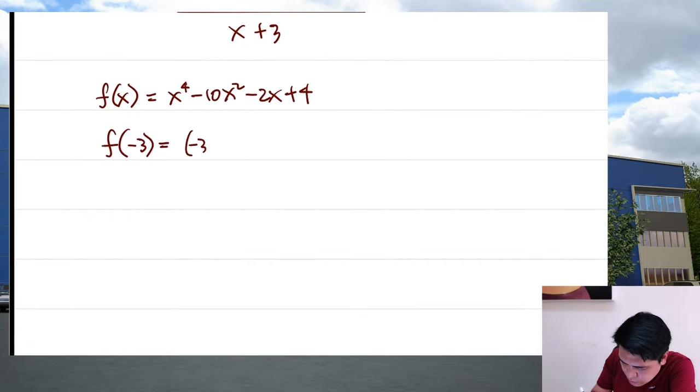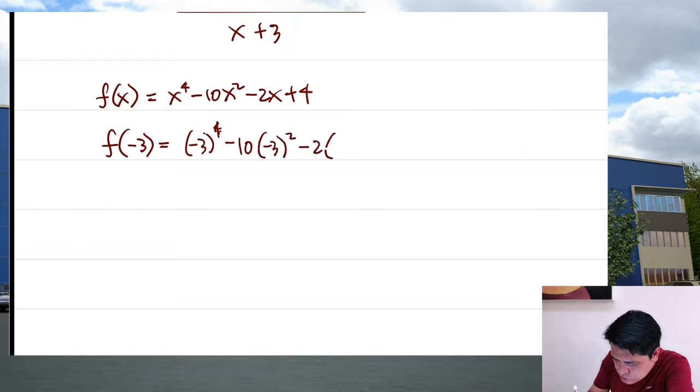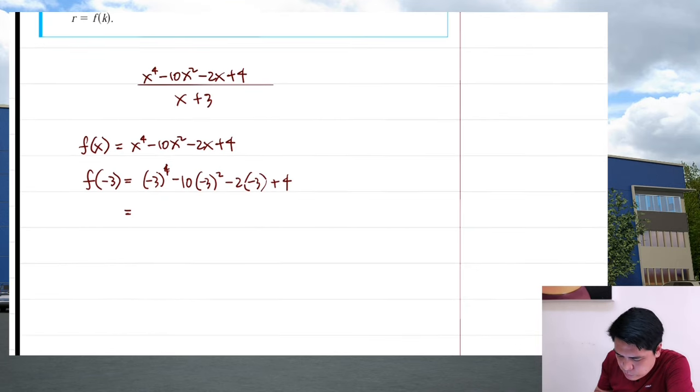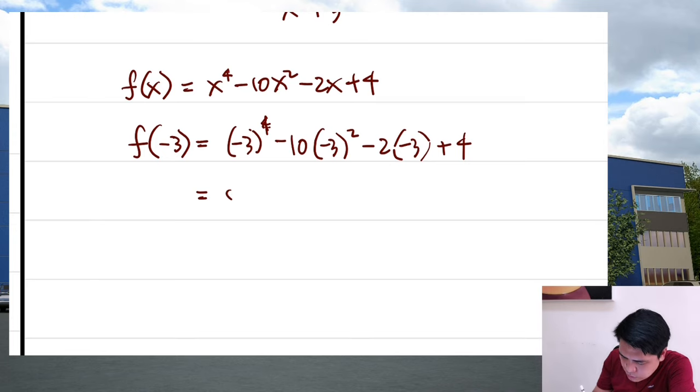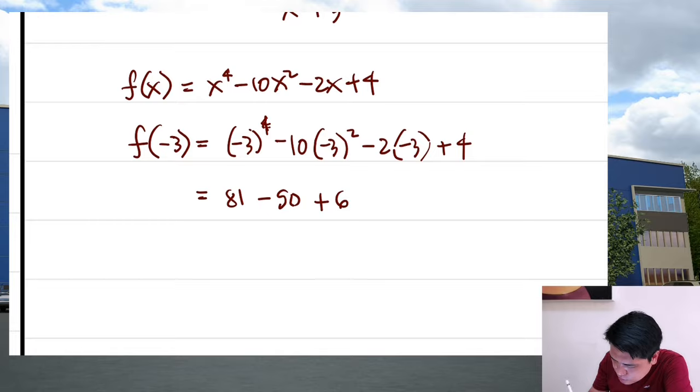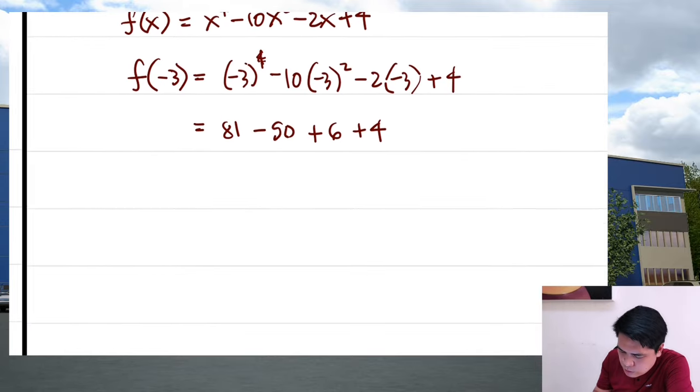So that would be negative 3 raised to 4 minus 10 times negative 3 squared minus 2 times negative 3 plus 4. So that would become 81, positive 81. Then this would become 10 times 9, 90. So minus 90 plus 6 plus 4.